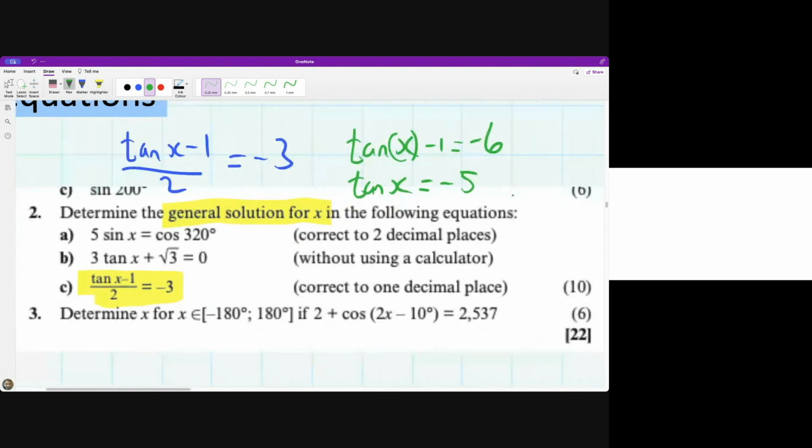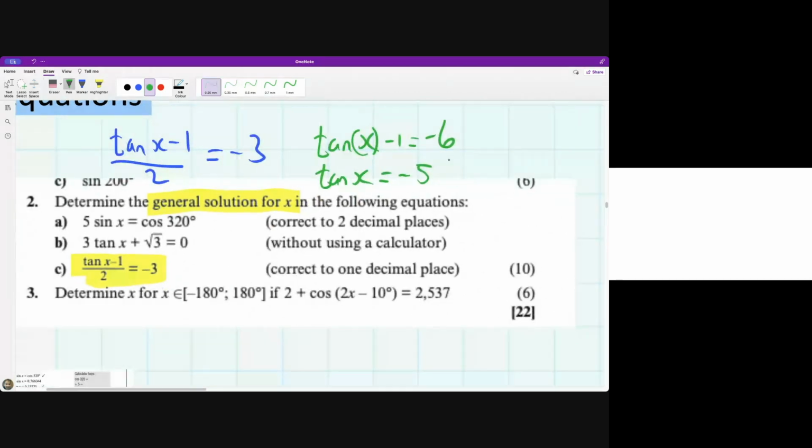Now, you need to find the general solution for this for me. So there's a 3-step process, but in step 1, when you find the reference angle, there's something important that you need to do. Can anyone tell me, when I'm finding the reference angle from this, what do I need to remember? So you don't deal with the negatives now, you deal with the negatives in the second step.